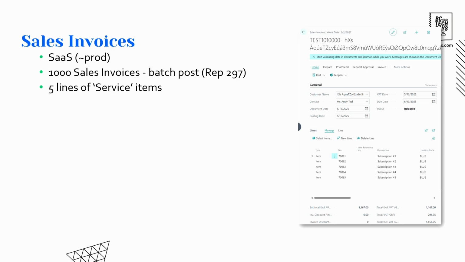And the good thing about that is that they don't update the inventory, meaning we don't need to update the incoming item ledger entry. So I created a lot of sales invoices, and ran batch job report 297 in a job queue entry.